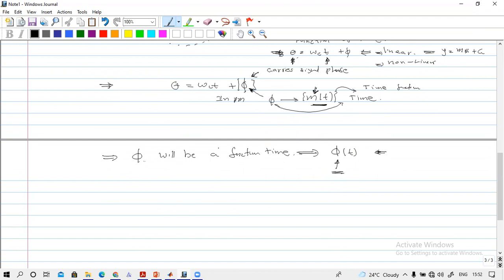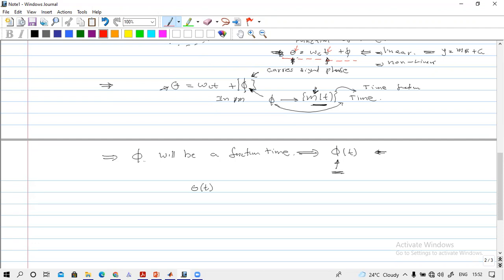Okay. So we previously talked about this theta; this theta is a function of time. Let's see it here. This theta is changing according to time in a normal sinusoidal signal.